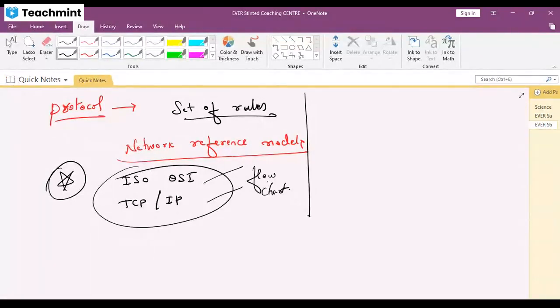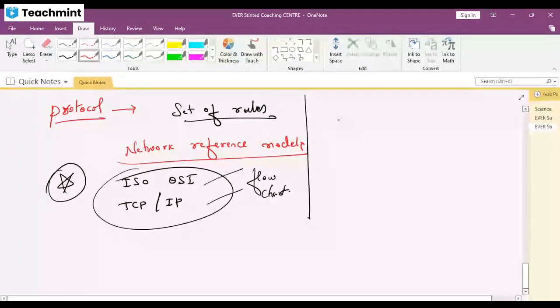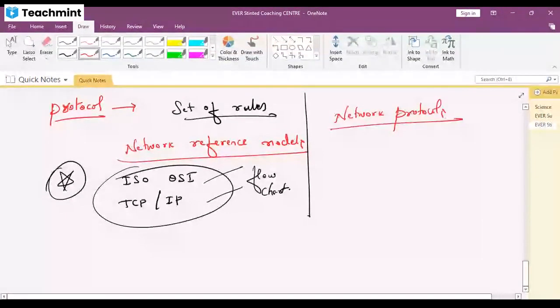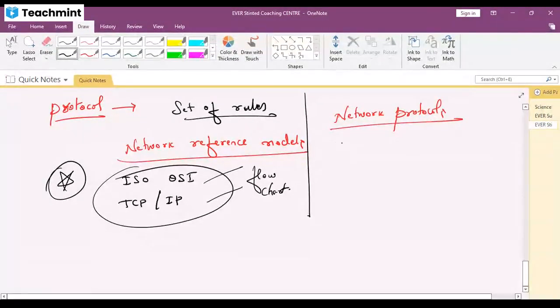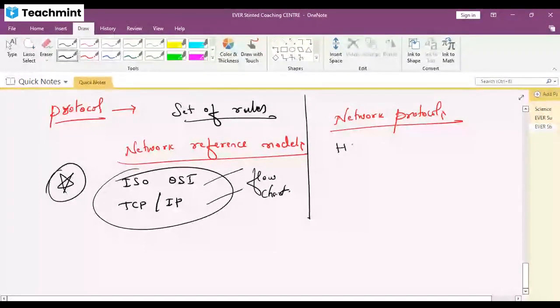And related to this topic, last question. Explain the following network protocols. Just now we have studied protocol, right? So here we have different network protocols. Which are the different network protocols? HTTP.